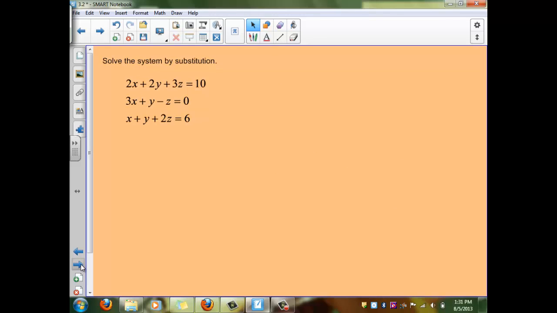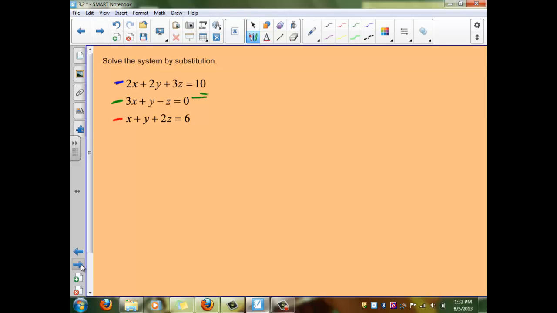Now this one, we've got 3 equations, 3 unknowns, using substitution. So let's go ahead and pick one, and I'm going to try to color code these as I go. So when I deal with this, I'll try to always use blue. This one I'll try to use green, and this one I'll try to use red. So let's start and get one of these variables by itself.